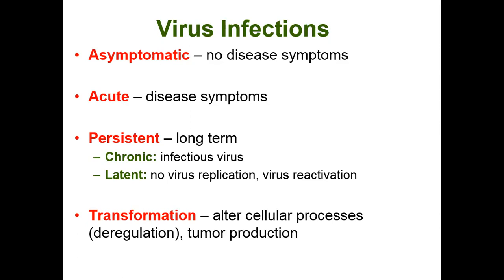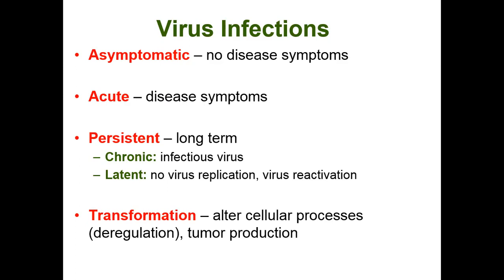The next pattern is acute, where the patient exhibits the signs and symptoms of the disease. Next, we have persistent, where there is a long-term infection of the virus. And persistent can be divided into chronic or latent.